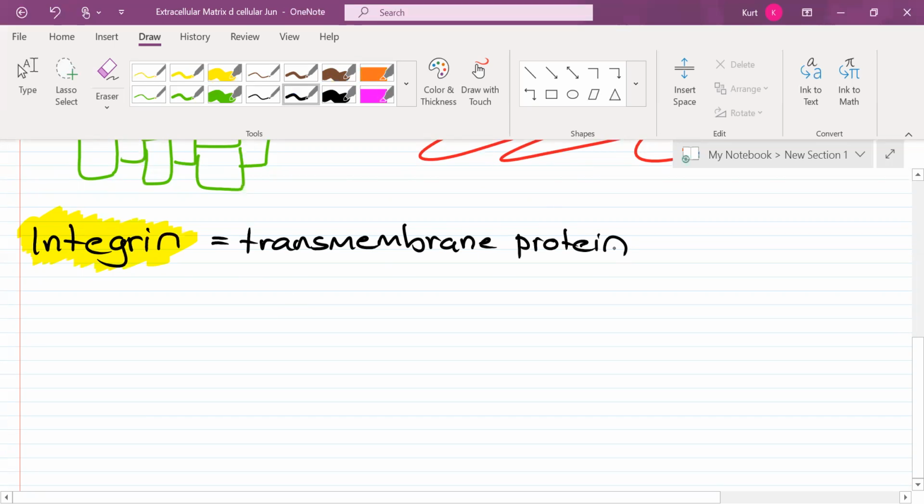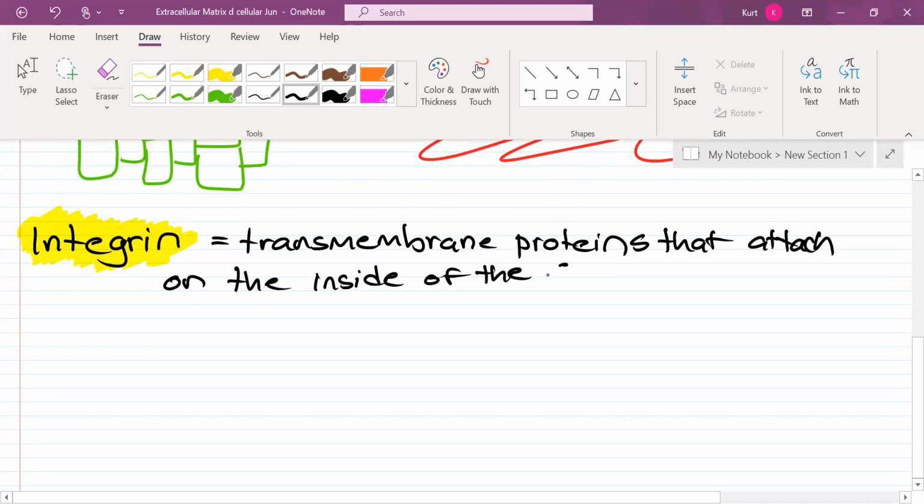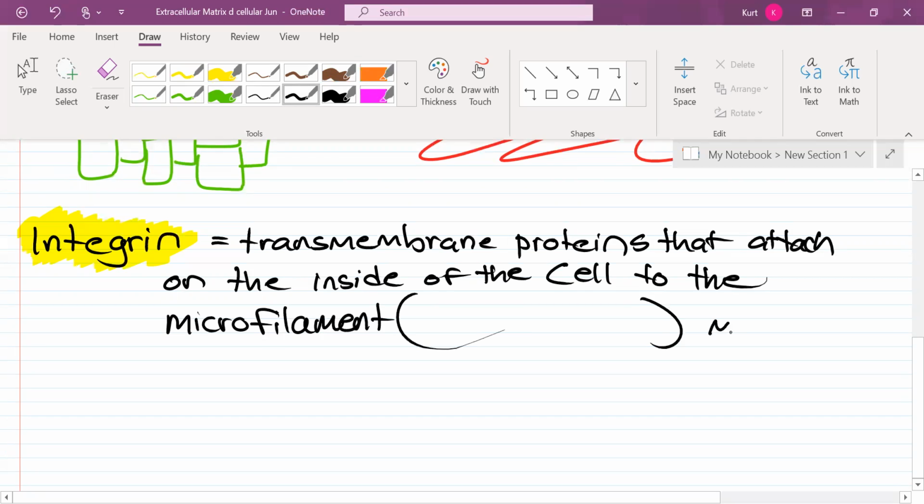So transmembrane proteins that attach on the inside of the cell to the microfilament mesh. And microfilaments are part of what major network within the cell?